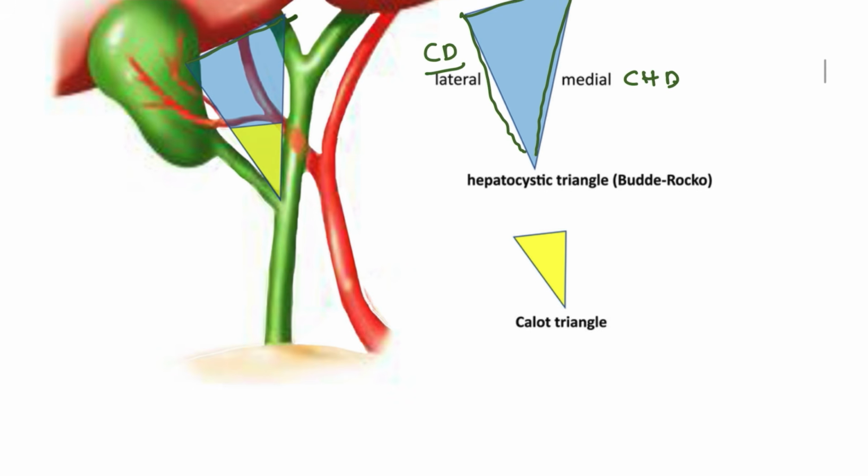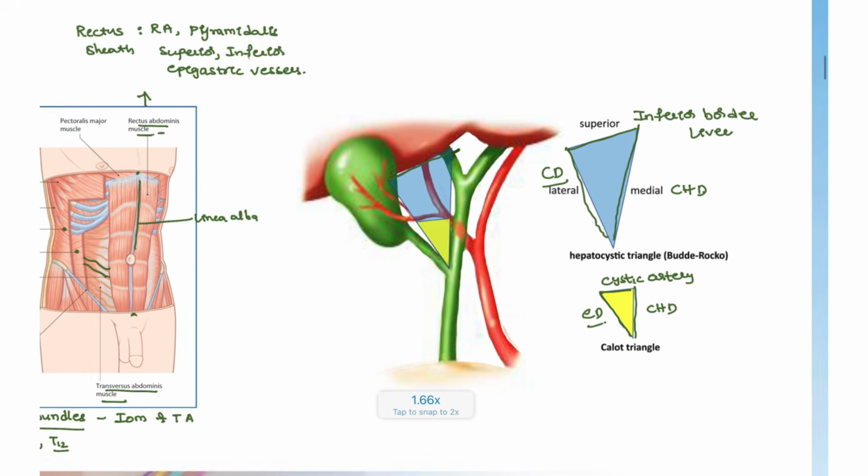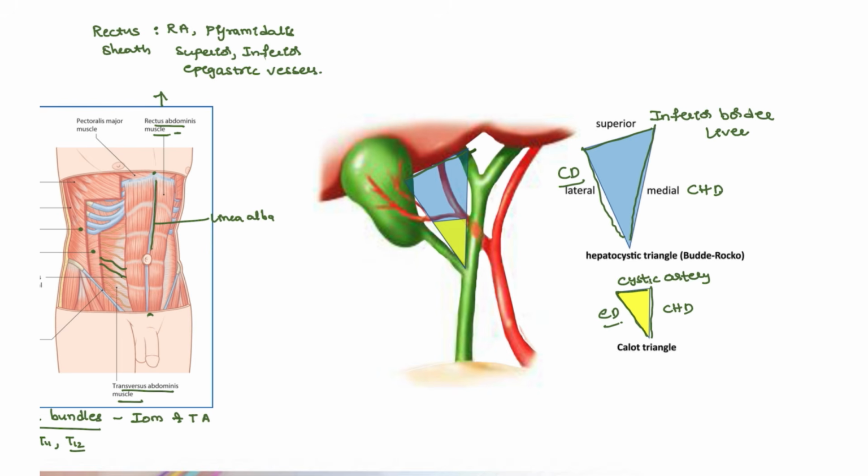Whereas in Calot's triangle, on the superior side there is the cystic artery, and the other sides are the same: common hepatic duct medially and cystic duct laterally. Why is this important? Whenever you are doing a cholecystectomy, these borders are very important to understand.